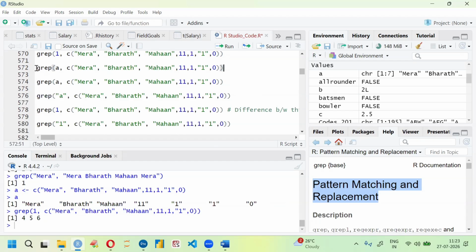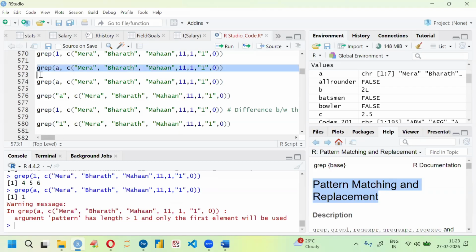Okay, next, grep A in Mera Bharat Mahan. So A is there in Mera, A is there in Bharat, A is there in Mahan. Let us check what reply you can get, guys. Any guess? 1, 2, 1, 2? Okay, let us run that one. We got an error message.